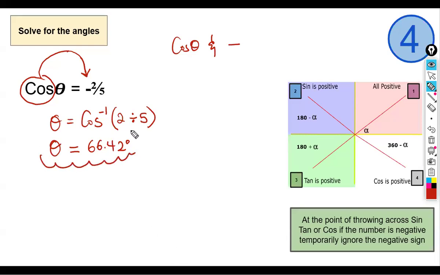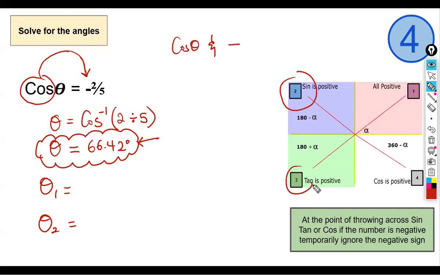But I still need to find my basic angle because it could be useful. So now I have to ask myself, where is cosine negative? And that will be which two regions? The second and third. Correct, because it can't be region 1 because everything is positive in region 1. And region 4 is made for cosine to be positive.